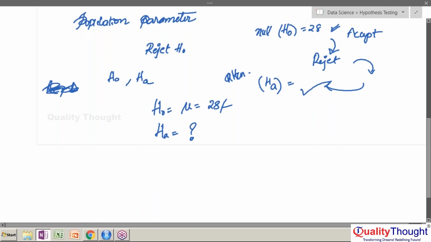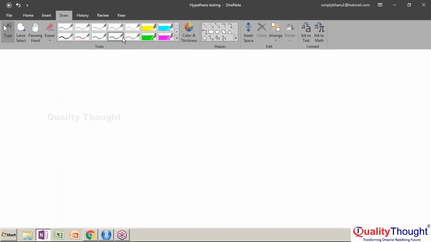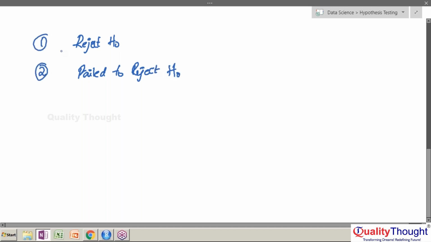At the end, there are only two chances. One is to reject the null hypothesis, or fail to reject the null hypothesis. Failing to reject the null hypothesis means accepting the alternate hypothesis, right or wrong? As per the researchers, this is how we need to think: reject the null hypothesis or fail to reject the null hypothesis.